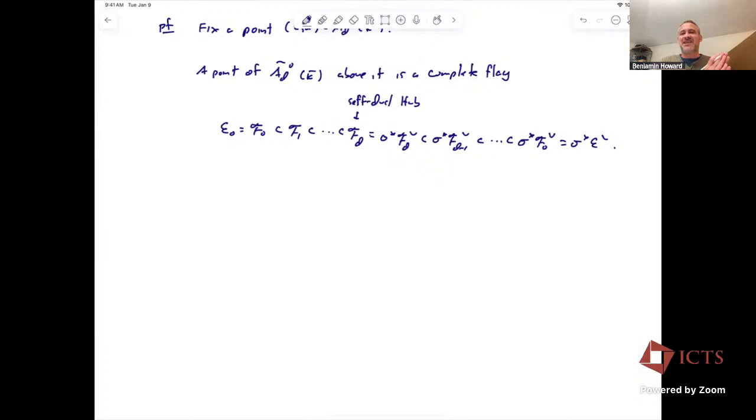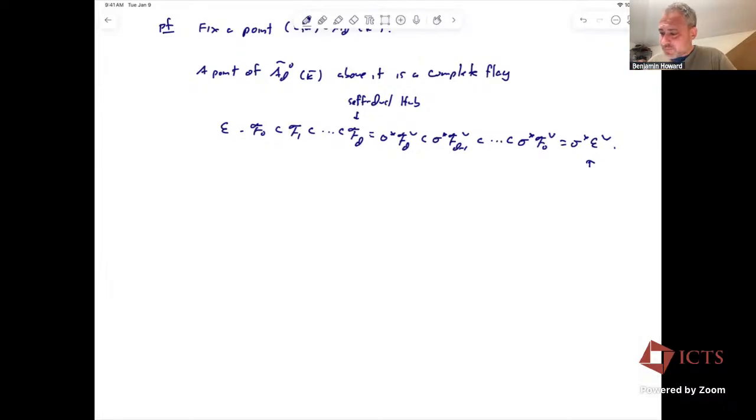So my length D flag actually extends in a natural way to a length 2D flag of things all between E and sigma pullback E dual.